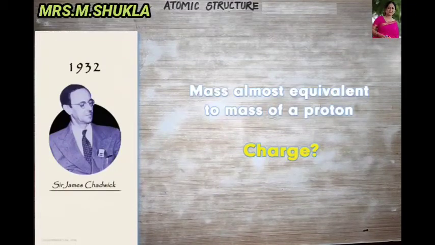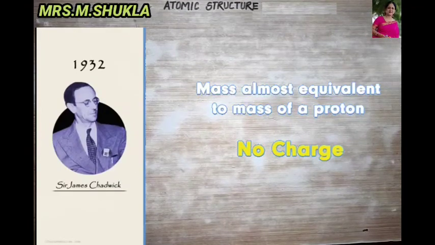But this new particle should not have any sign. Why? Because the atom is electrically neutral, and the numbers of protons and electrons were already discovered. So this particle should not contain any charge, any sign over it, plus its mass should be equal to that of what?